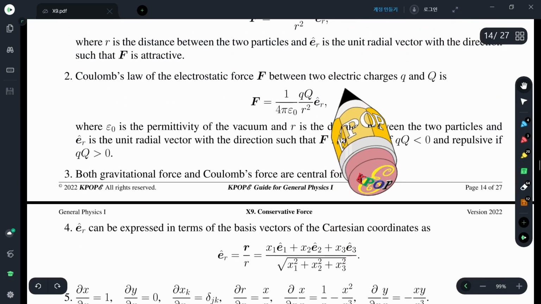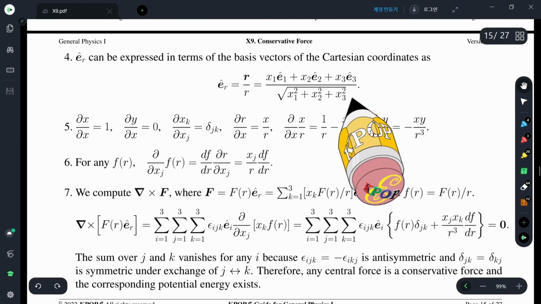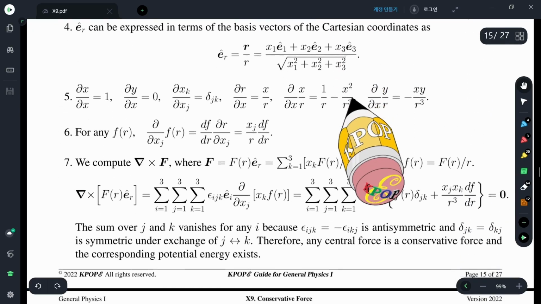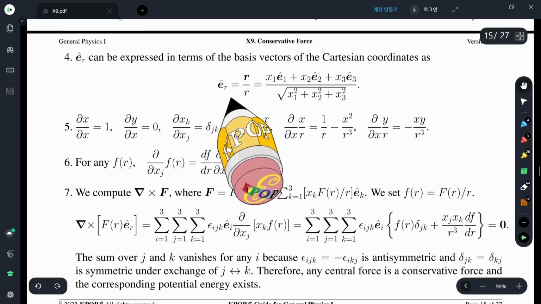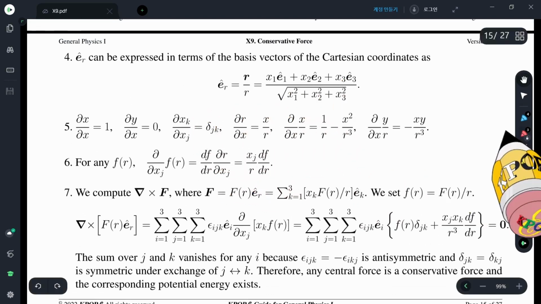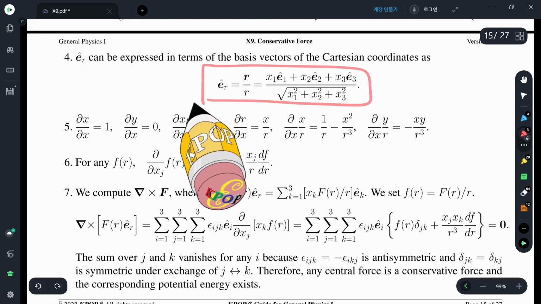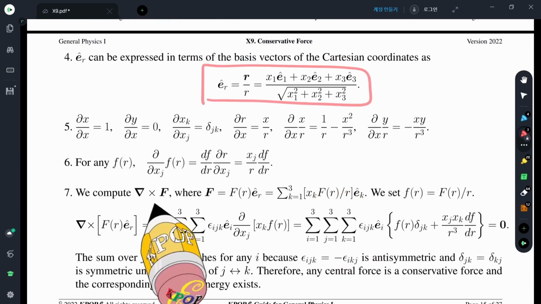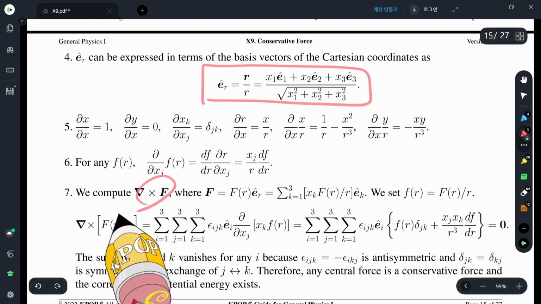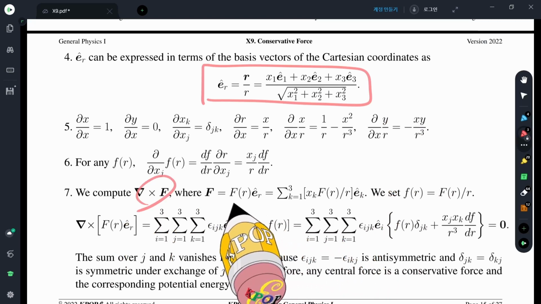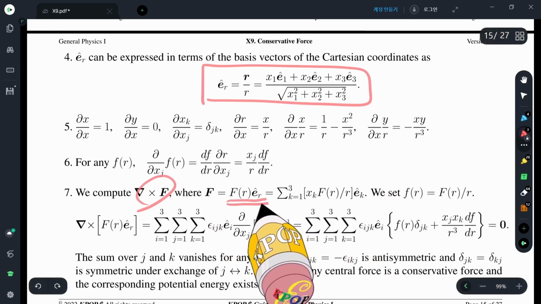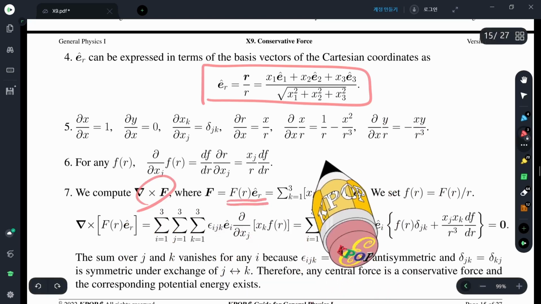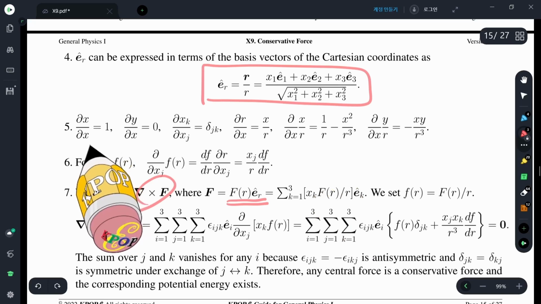So, the unit vector along the radial direction is written in this form, and we would like to compute the curl of the force in case it is a central force. Let us compute the trivial partial derivatives.